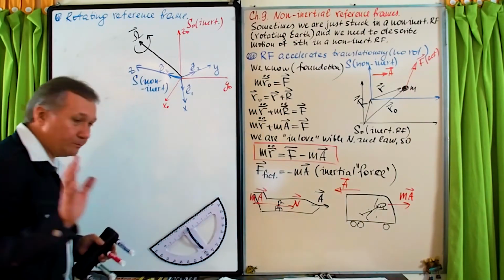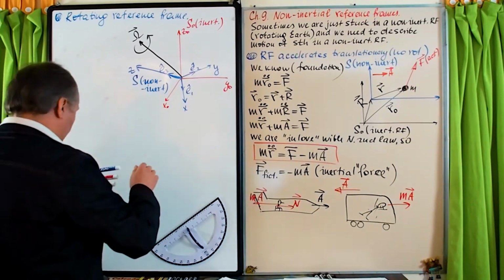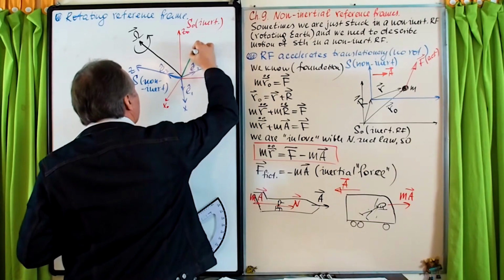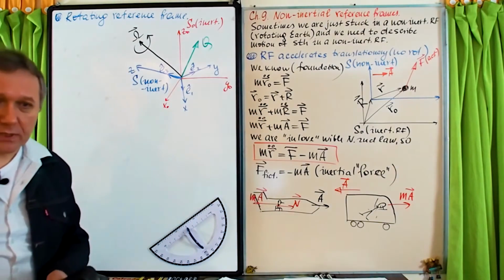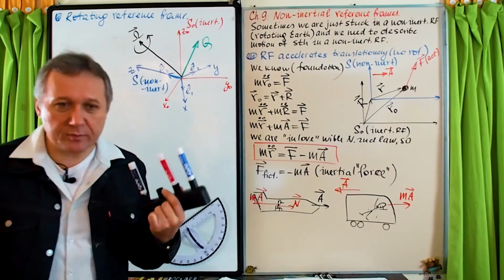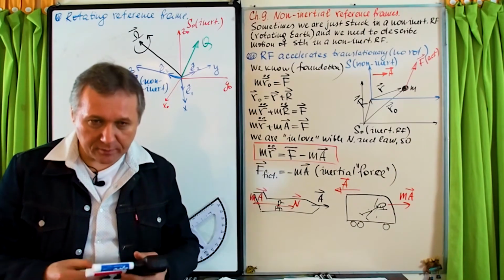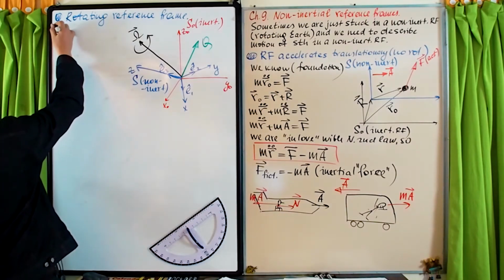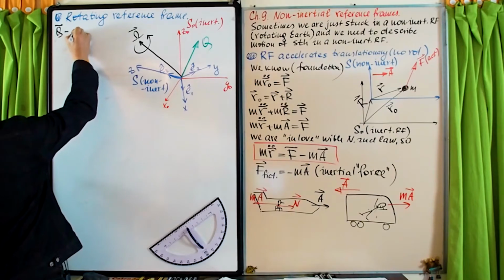Now let's take a completely arbitrary vector. I'm running out of colors, so I will use green. A completely arbitrary vector Q. It can be position, velocity, acceleration, angular momentum, torque, whatever vector. It doesn't matter.